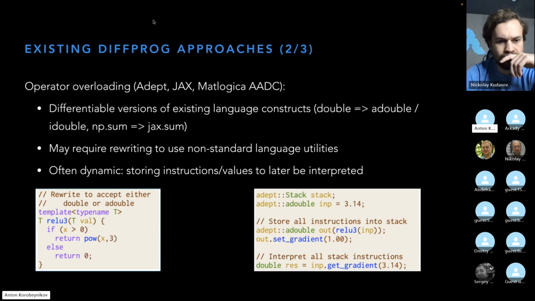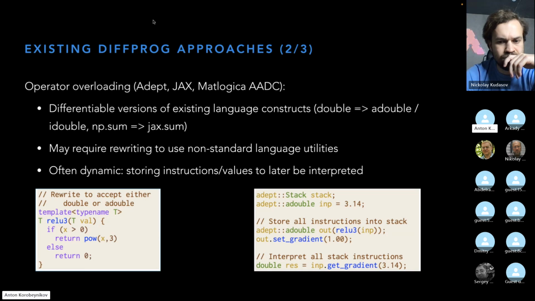Still, it may require rewriting to use some non-standard language utilities. In C++ code, it usually requires us to templatize almost everything, sometimes paying quite a huge price in compilation time and in compiler diagnostics and many other things out there.